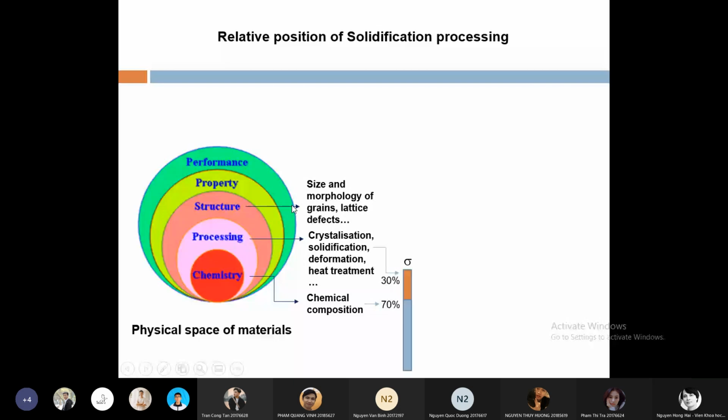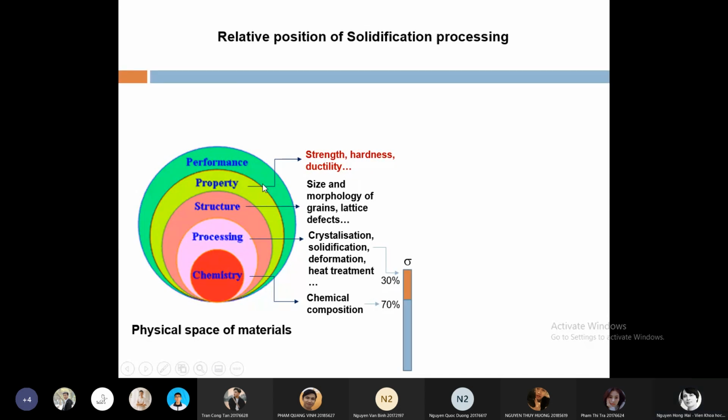So this structure determines the properties, such as strength, hardness, conductivity.